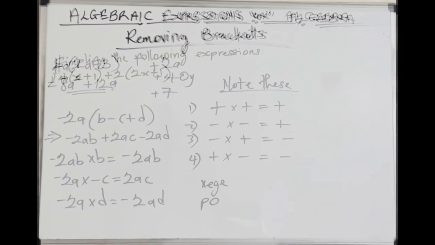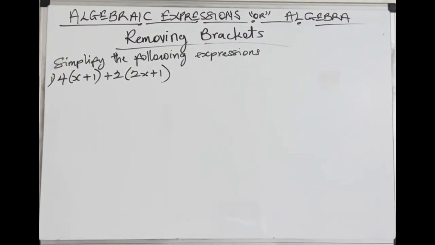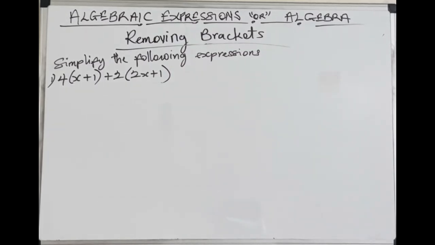All right. So we are jumping to working some examples. I'll try to give maybe 6 or 7 examples, and then we move on to the next subtopic under algebraic expression. Quickly, we are told to simplify the following expressions. When we are told to simplify an expression with brackets in it, we should remove the bracket first and then group like terms before we either add, subtract, divide, or multiply.